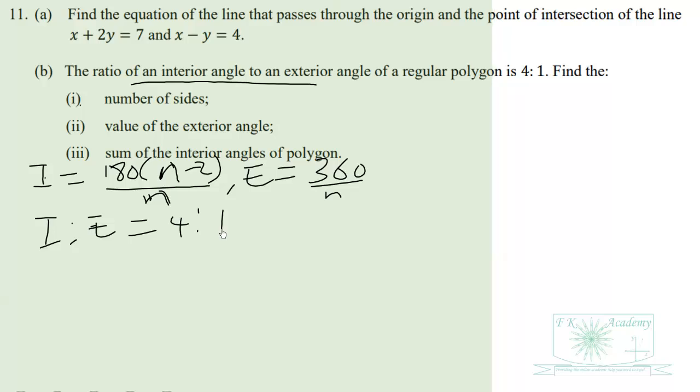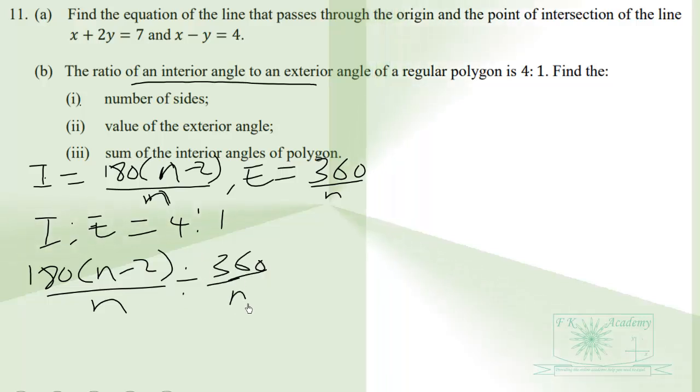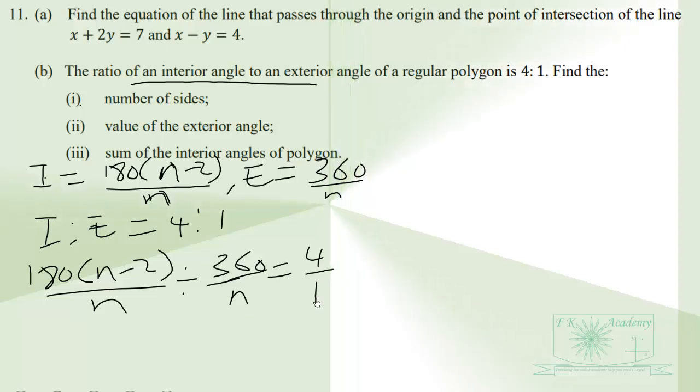In other words, 180 into n minus 2 over n divided by 360 over n is equal to 4 over 1. Remember, it's division, so don't multiply through by n.